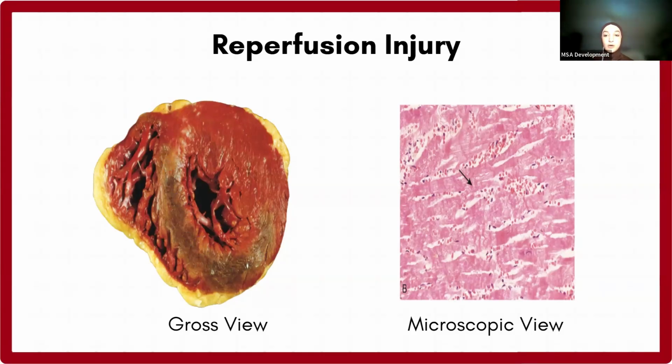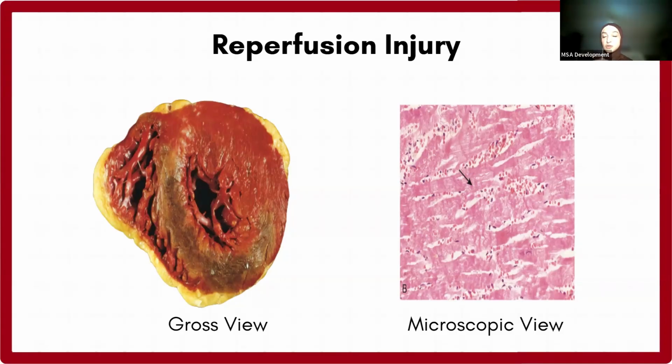Under a microscope, you will have hemorrhage between the myocytes. The arrow is signifying something called contraction band necrosis, essentially the contraction of the sarcomere when the MI was happening.